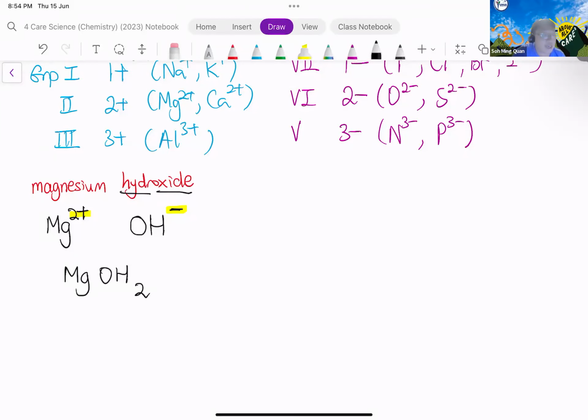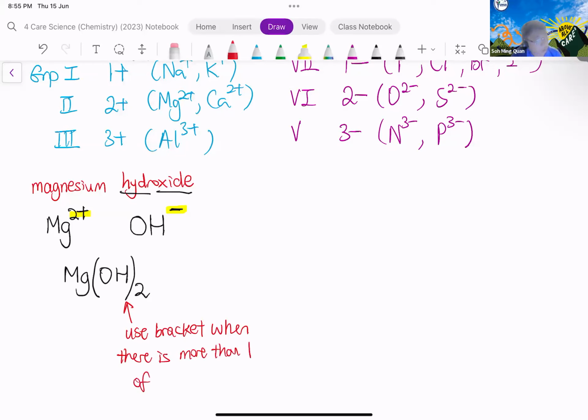But remember, we are saying there's 2 hydroxide. You must place a bracket. You will have to place a bracket when there is more than one of the polyatomic ion.